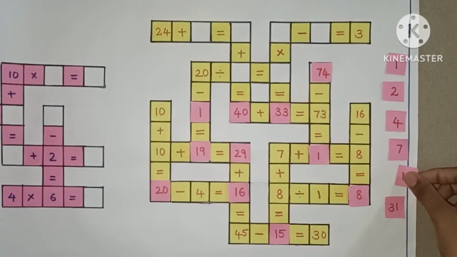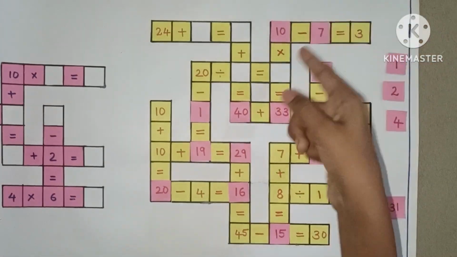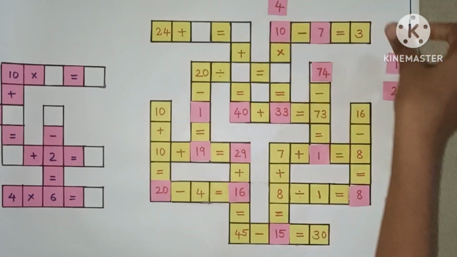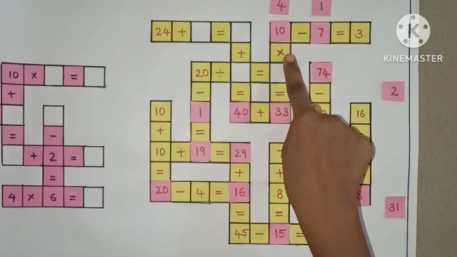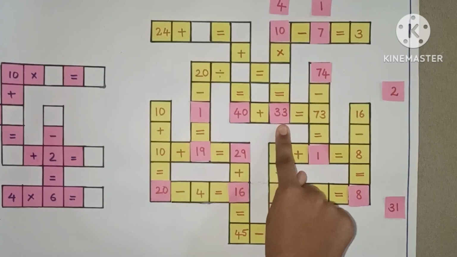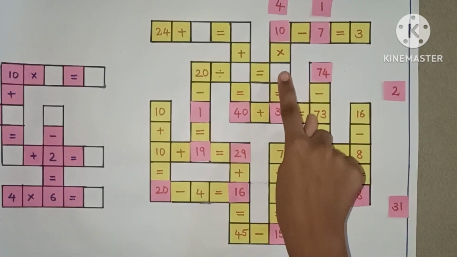The numbers 10 minus 7 equal to 3 and also 4 minus 1 equal to 3. Then 10 into dash equal to 33. No numbers are suitable for this place.